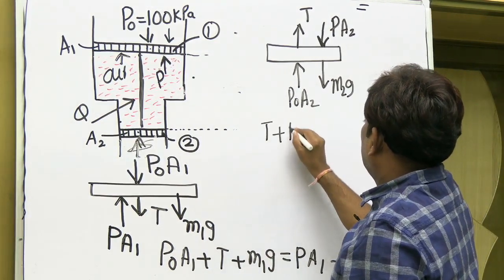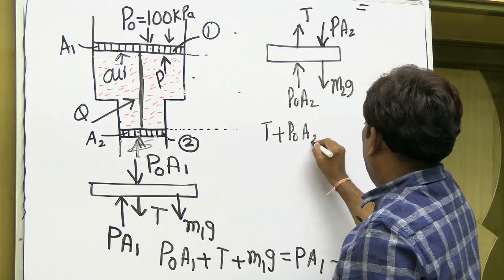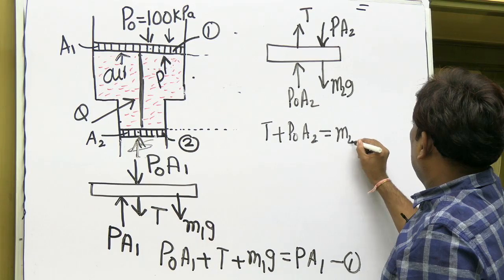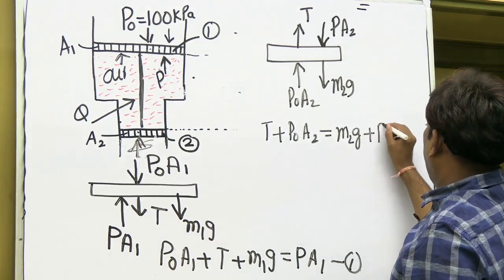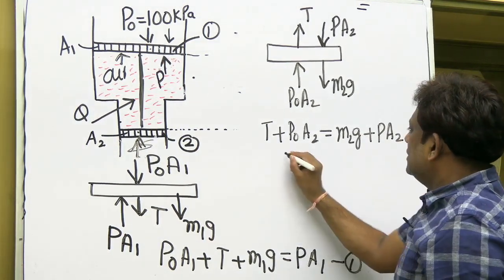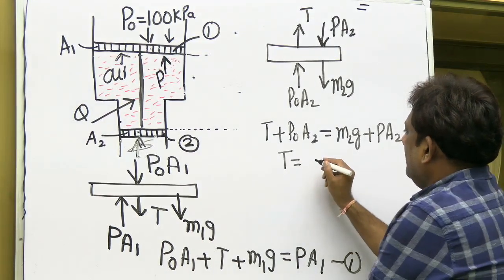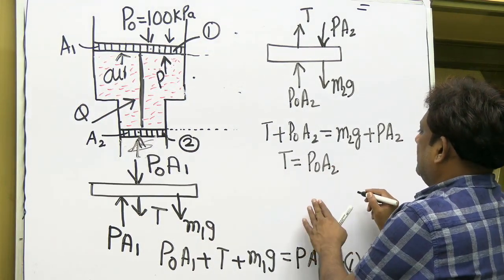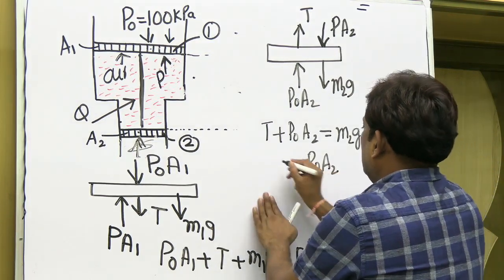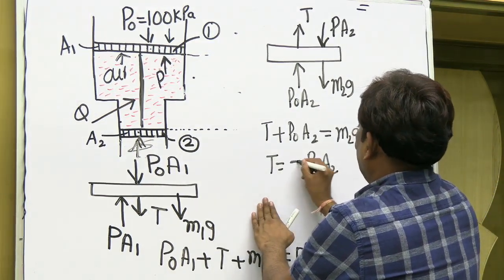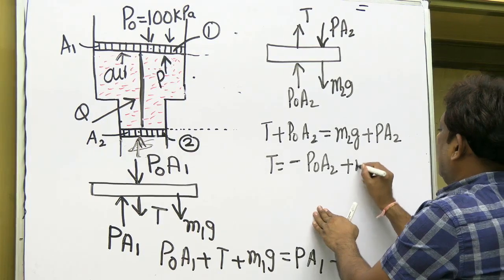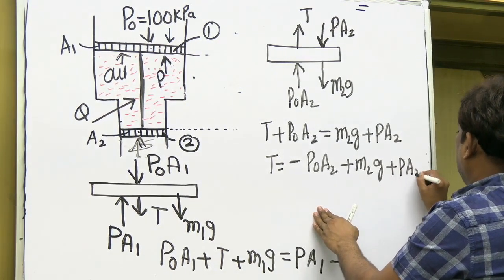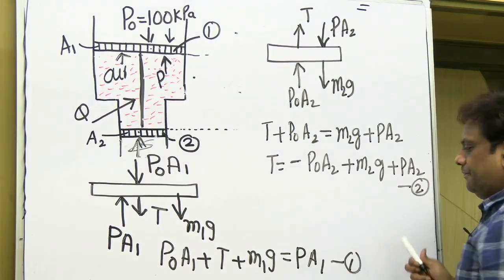T plus P0 A2, both are upward, is equal to M2G plus PA2. So T will be equal to minus P0 A2 plus M2G plus PA2. Let this be equation 2.